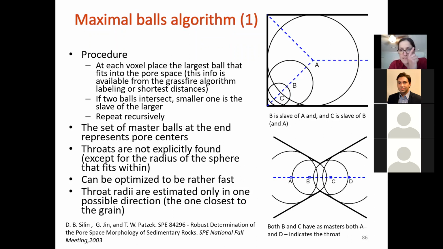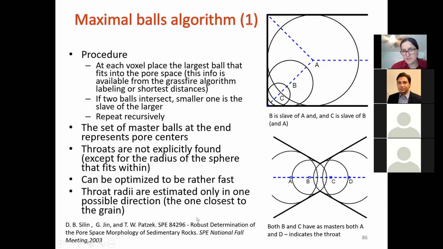There's a way to process this recursively: for every two intersecting balls, I can figure out who is subordinate to the other based on their radii. So a smaller radius ball intersecting a larger one becomes subordinate to the larger. And you end up with certain master balls that don't intersect. Those master balls and all of their subordinates delineate pores.